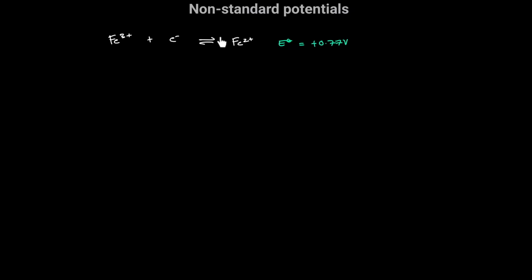Now the question is, how can we make this electrode potential more positive? In other words, how can we make the forward reaction more feasible? One way of doing it would be to increase the concentration of Fe3+. That would result in the equilibrium shifting to the right.